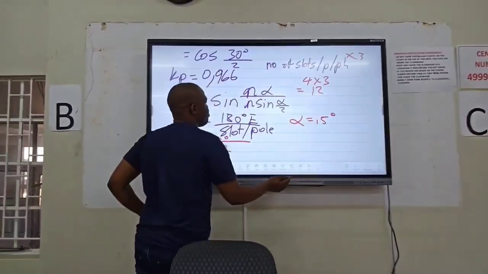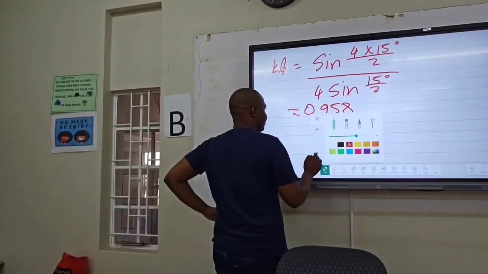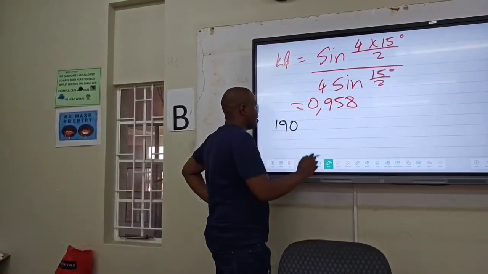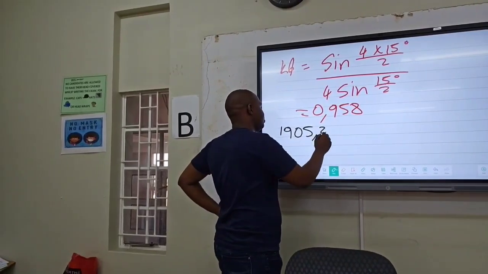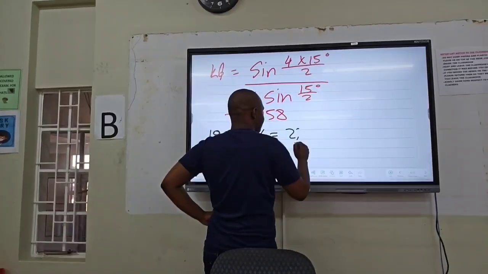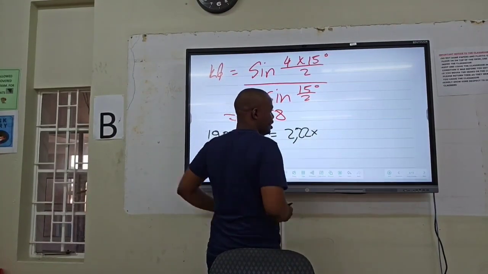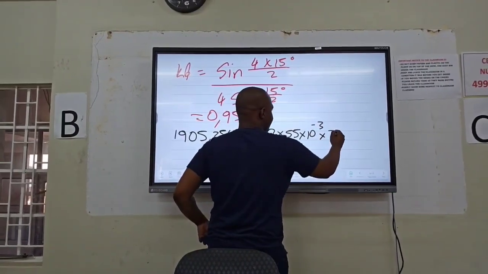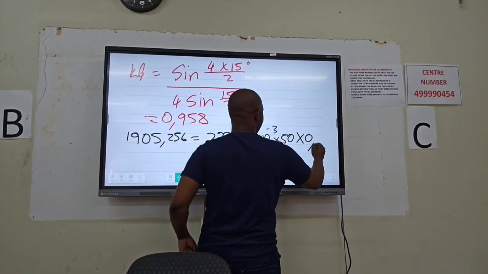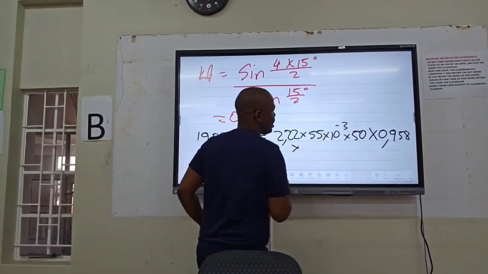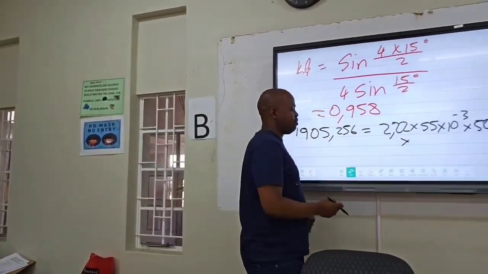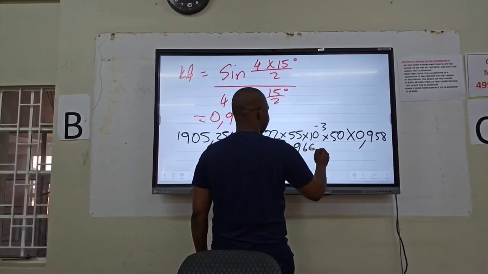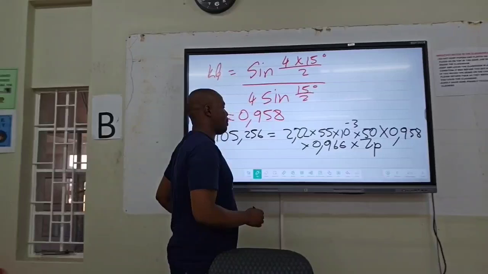Now we can use our EMF equation completely. EMF is 19,0.5,256 equals 2 times 20 times flux of 55 milliwebers times 10 to the power minus 3, times the frequency of 50, times the distribution factor of 0.958, times the pitch factor, which here was 0.966, times the conductors per phase.